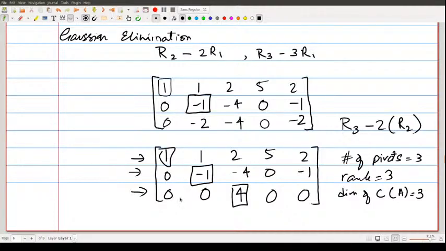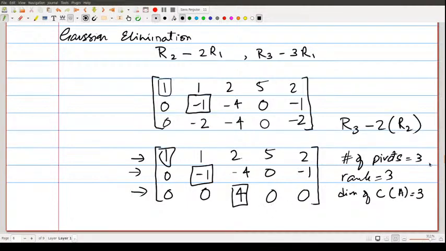Similarly, this one has 0 in both of these first two entries, but the first two have non-zero entries, right? If you add these two rows, 1 minus 1, you get 0. But when you add them, this entry will become non-zero. So you can never add these two rows to get an entire row of 0, which would have happened if they were dependent rows, right?